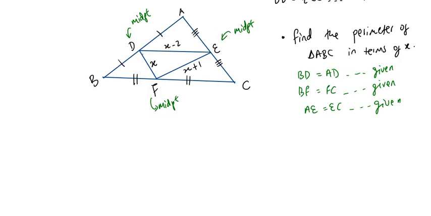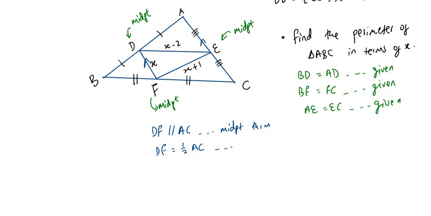So now you can say DF is parallel to AC, meaning this is parallel to that. What is our reason? We say midpoint theorem, because we already know that we have two midpoints there. And therefore we can say DF is equal to half of AC.